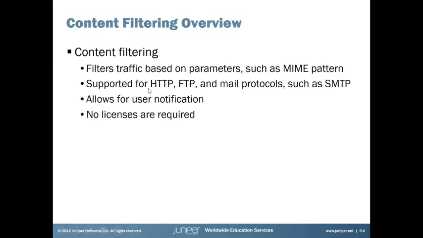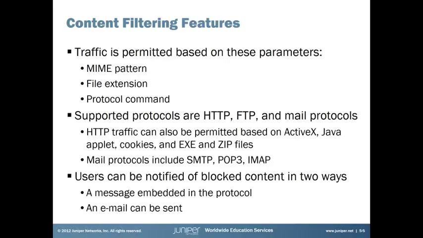Allows for user notification, and this particular feature doesn't require a license. So traffic is filtered based on three parameters: the MIME pattern, file extensions, and protocol command. Supported protocols, we said HTTP and FTP and mail.